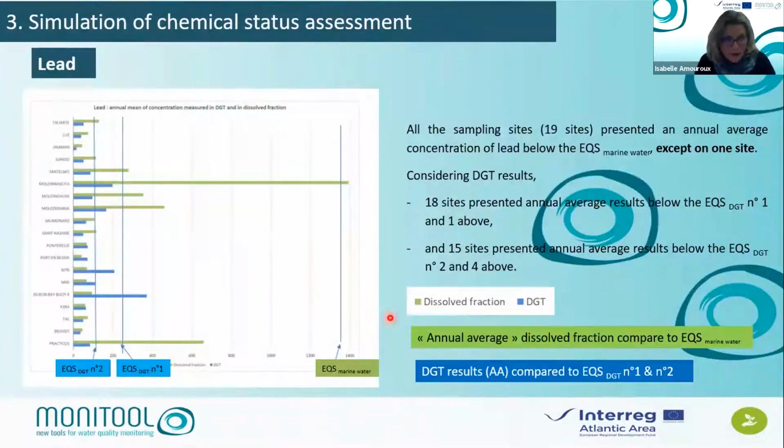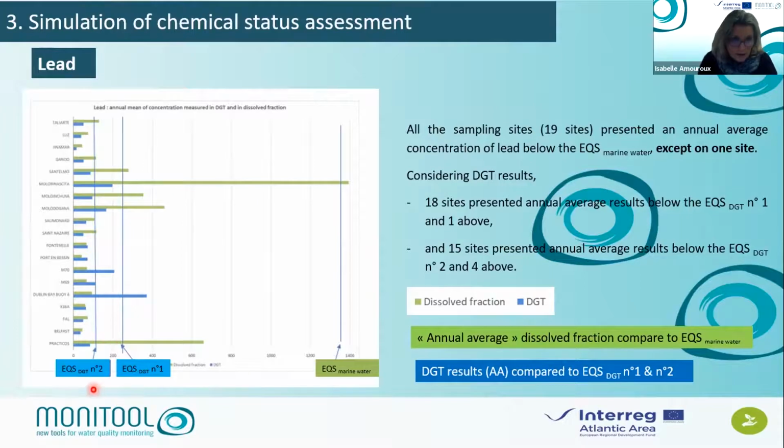Concerning lead, among the 19 sites for which an annual average can be calculated, there is one mismatching for one site. One site is above the EQS marine water here, and one site is above the EQS DGT number 1, but it's not the same site.